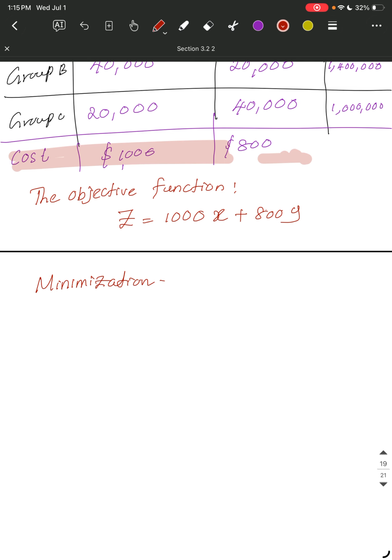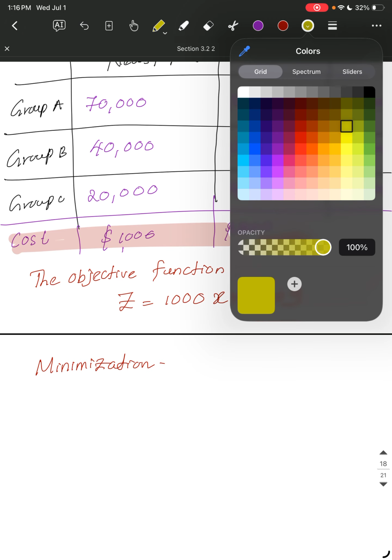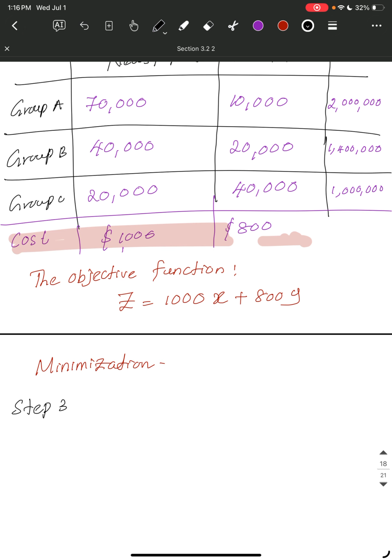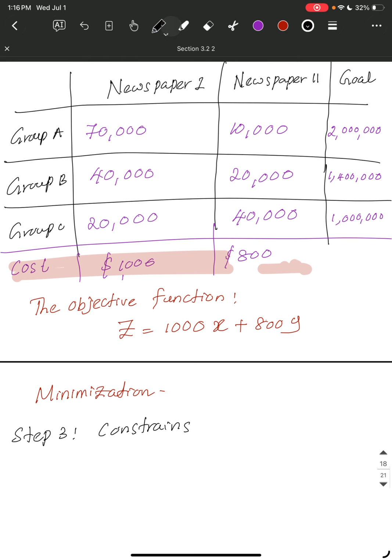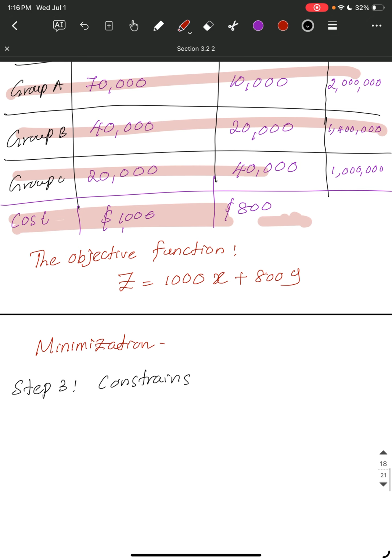Right, okay. Then write the constraints. Step 3, the first row of the table, second row and third row.